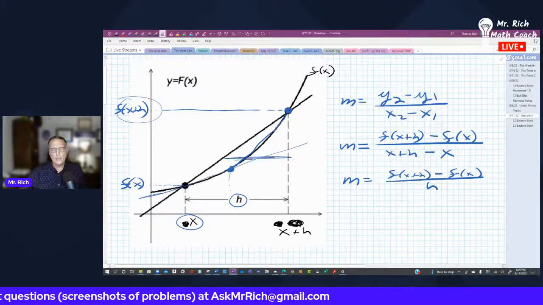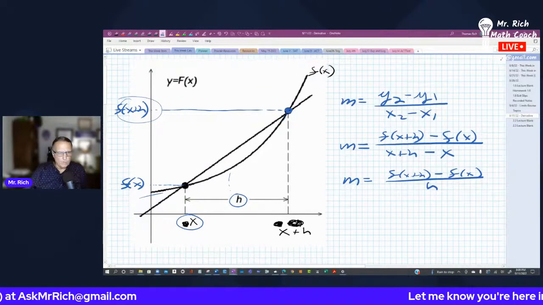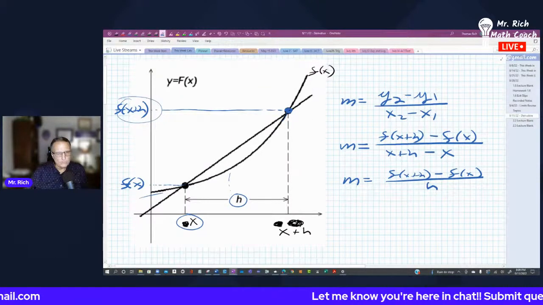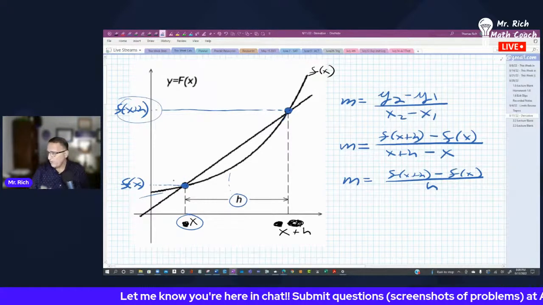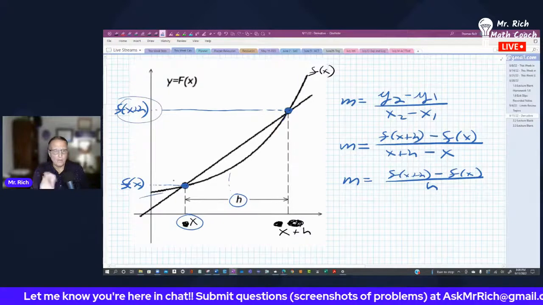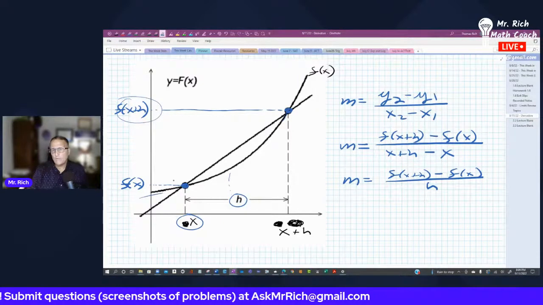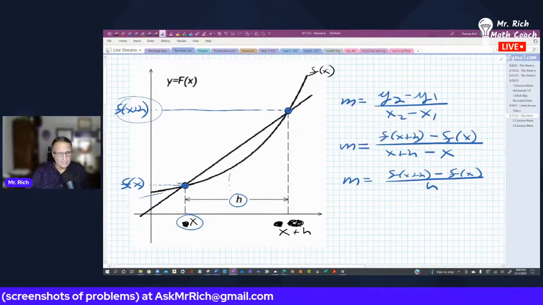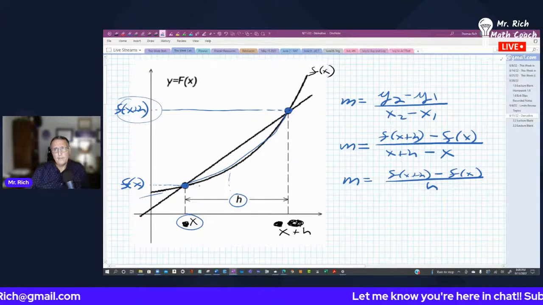But I don't want to stop it there. That wouldn't make any sense. I want to move that point and let it get infinitely close to this point. Now, I can't let it get all the way to that point, because then I would have 0 over 0. f of x plus h minus f of x: if I move this point on top of that point, then there is no change in y value.